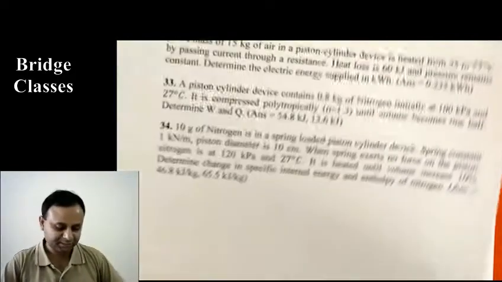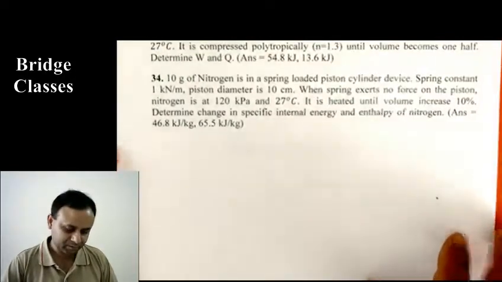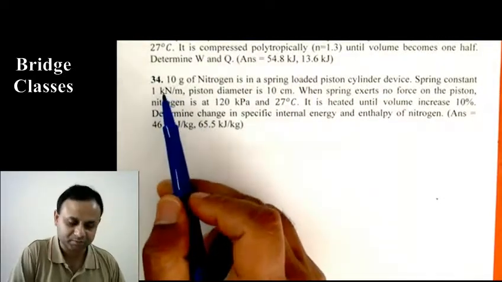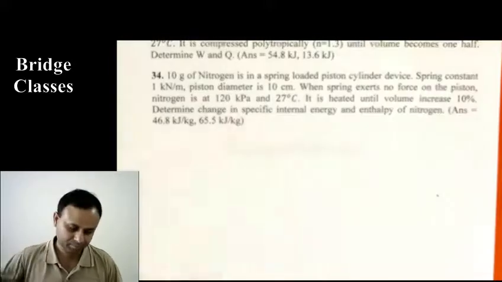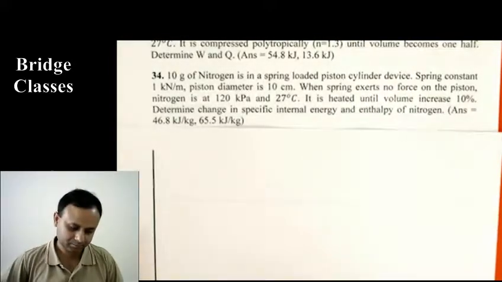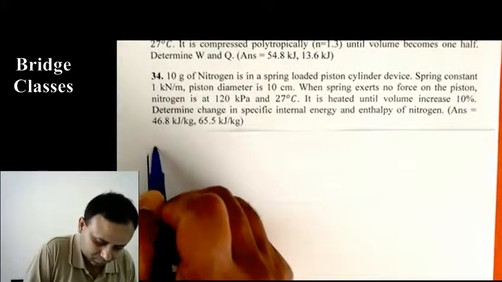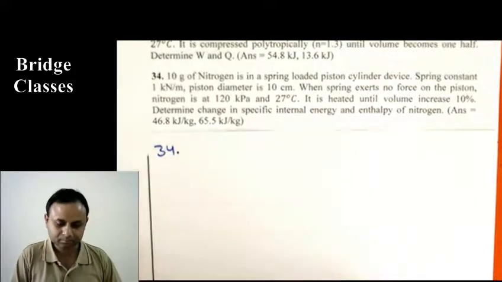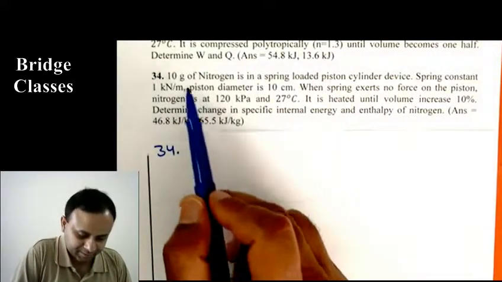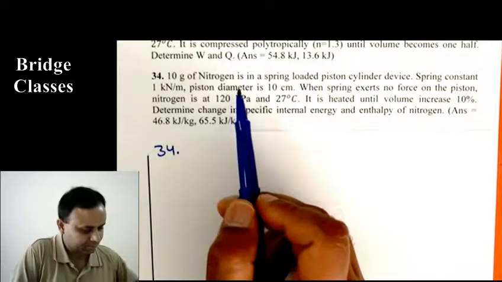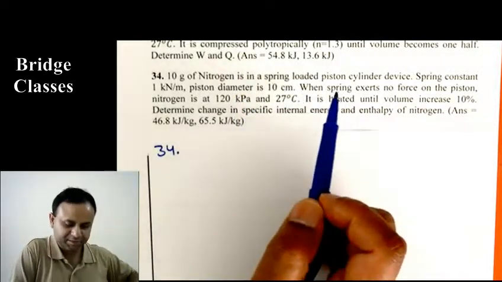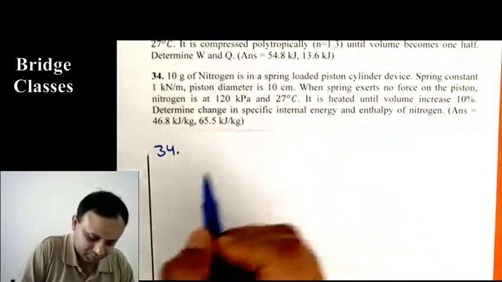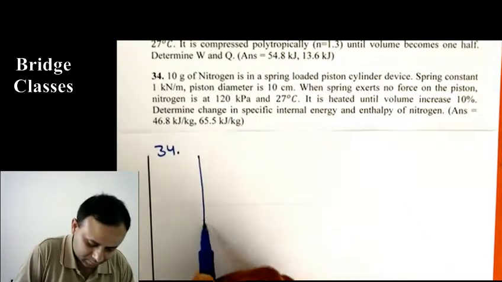Okay, now this is the last problem I am going to do. Number 34. It says 10 gram of nitrogen is in a spring loaded piston cylinder device. So this situation is like this.